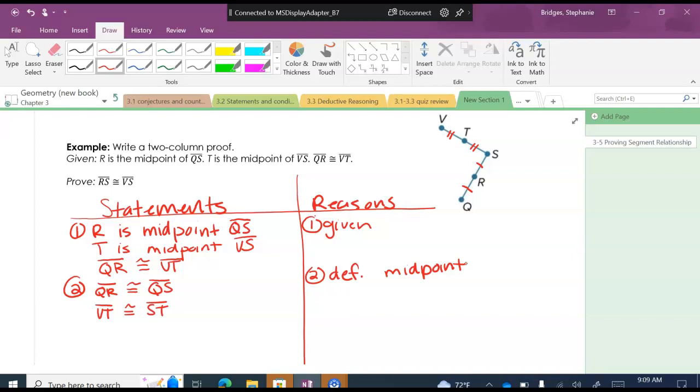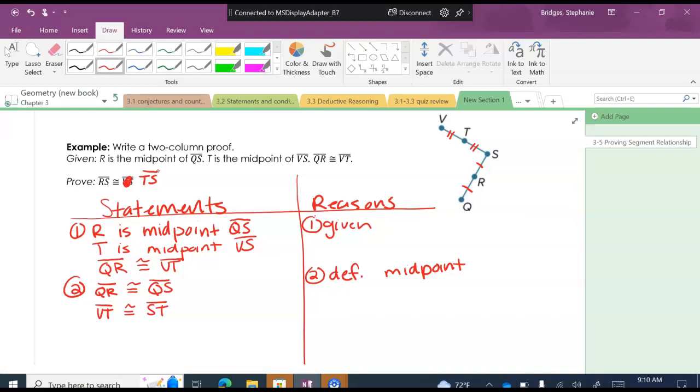I should have caught that before. RS and TS, that's what it is. Sorry. On your proof, scratch that out. This is supposed to be TS. Right there on your given statement, change the VS to TS.